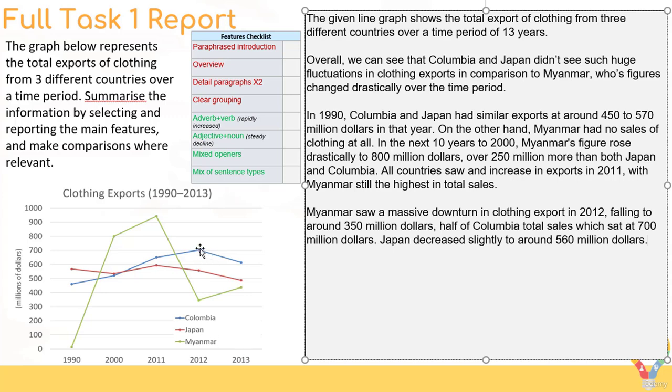Now, we can see that both Colombia and Japan see steady decreases, whereas Myanmar actually has another fluctuation, and Myanmar sees an increase. So we can describe this.